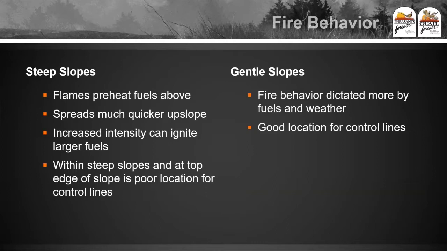And then obviously it's going to spread much quicker going up a steep slope. So your intensity is going to be greater. So obviously steep slopes are a bad place to put fire breaks, like on top of a hill on a steep slope. It's generally a bad area to actually put a fire break because you're going to have embers and stuff jump over.